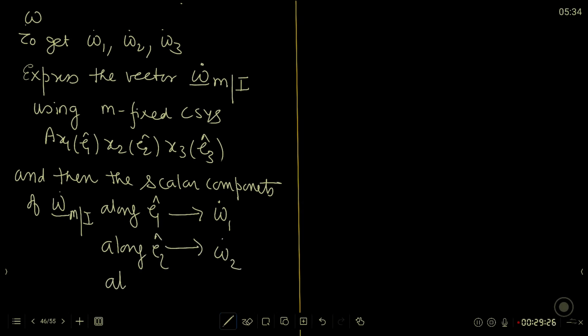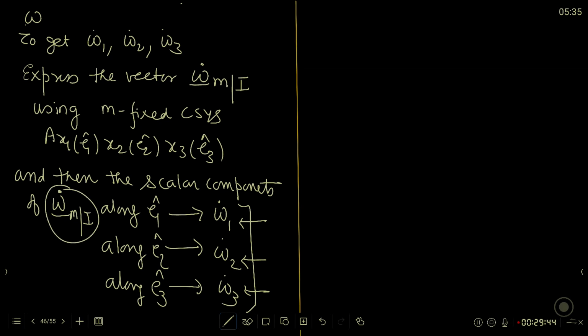This is how you will find these quantities. Take the angular velocity vector, angular acceleration vector, express it in your working coordinate system, and then take the coefficient of E1, that will be omega 1 dot. What I am trying to say is that to get omega 1 dot, you need not differentiate omega 1.